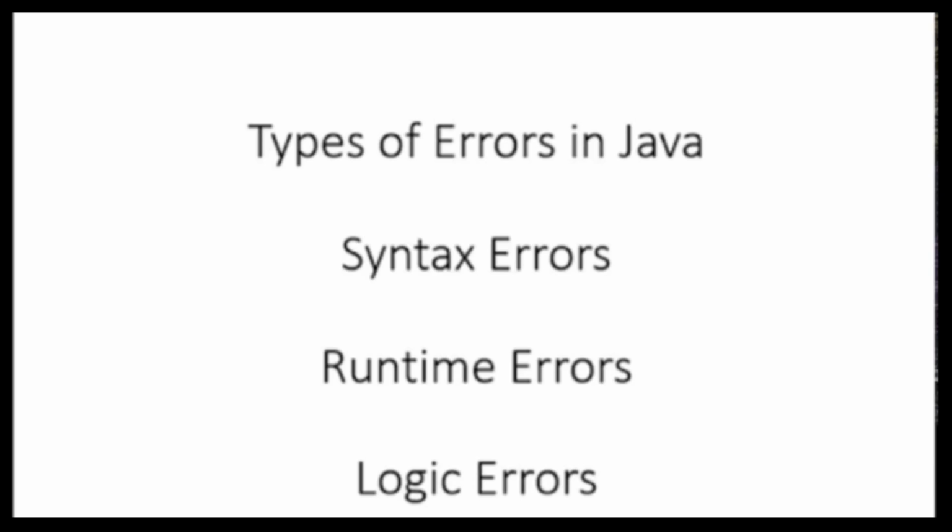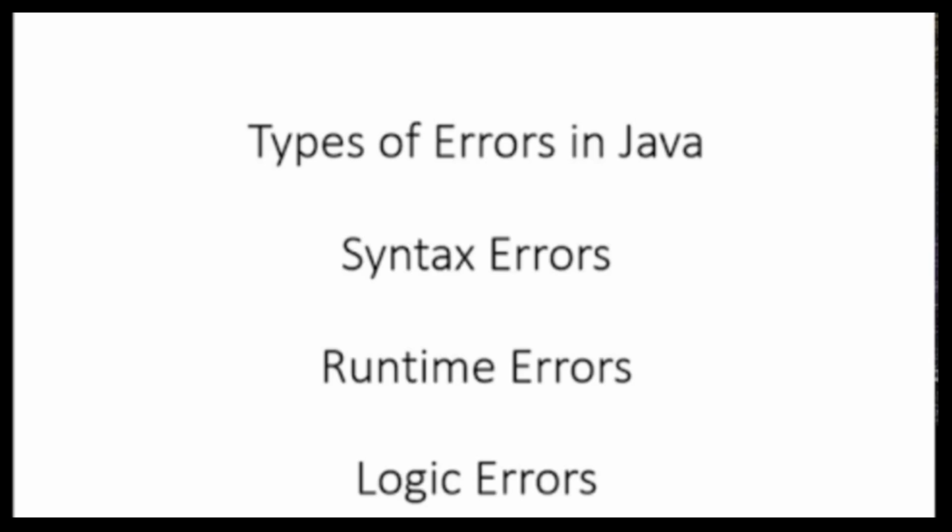What usually happens is, after writing a program, that particular program will be compiled using JVM, Java Virtual Machine, and after the compilation process the final result or output will be shown on the computer screen. During the compilation process the syntax error will be shown.